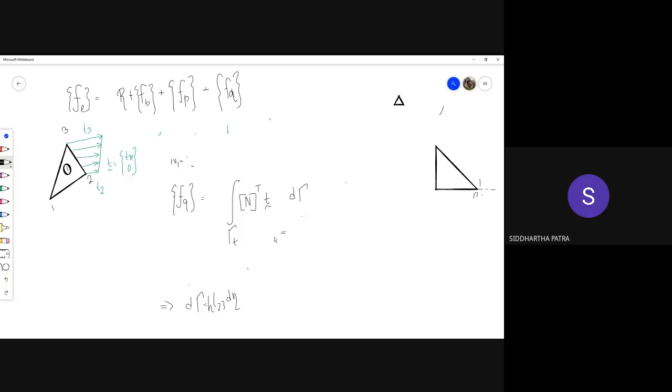Now again recall this expression that t is essentially tx, 0, which is eta times t2 plus (1 minus eta) times t3, 0.